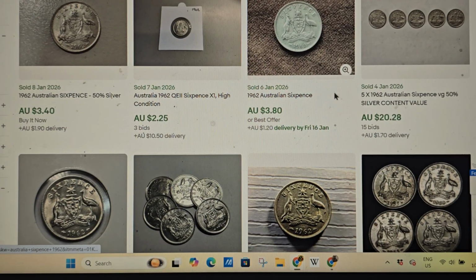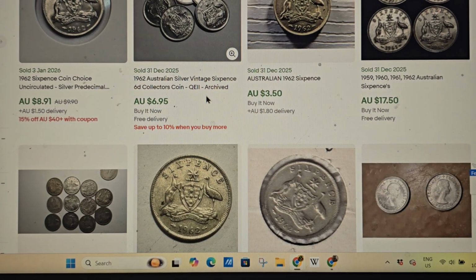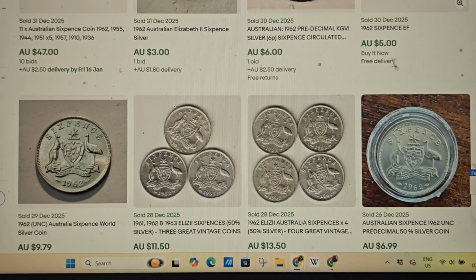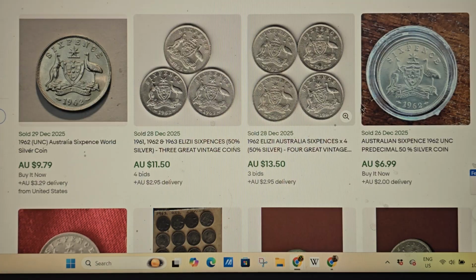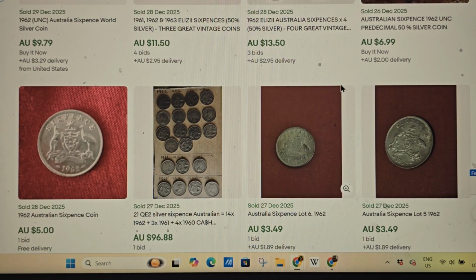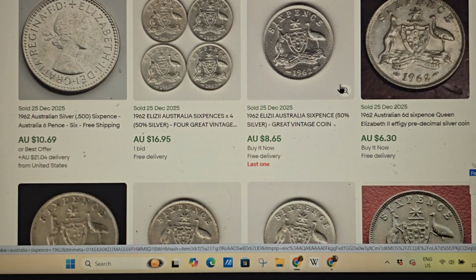So as you can see, you can still get them for quite a low price. People are saying people are paying a premium on the bullion value, but you go to eBay, you can pick them up for nearly half of whatever the bullion value is. Okay, then we got $5, whole group of 4. Yeah, personally I wouldn't sell them for that. But anyway, you can actually look them up and see what you get on the actual site.